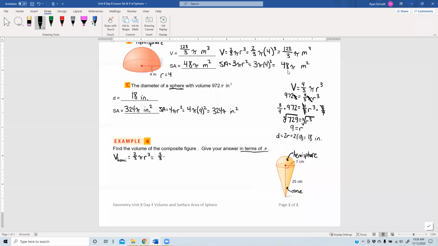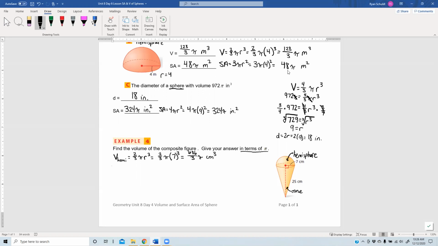That's going to be 2/3 pi, r is 7 cubed. That's going to give us 686 over 3 pi centimeters cubed. So that's the volume of the hemisphere.